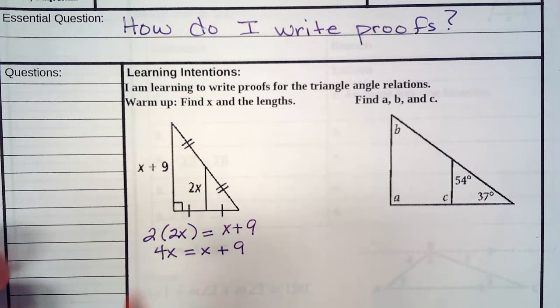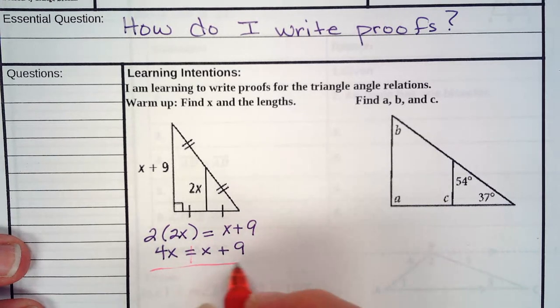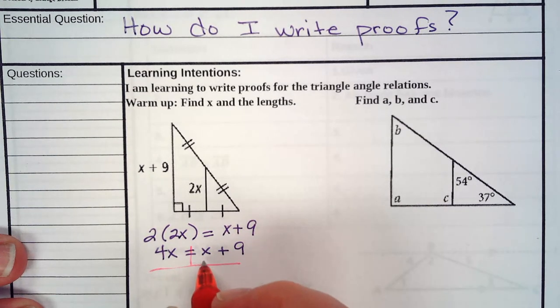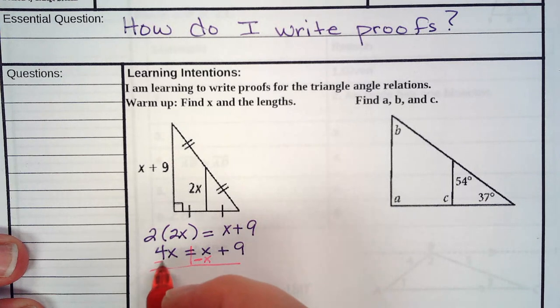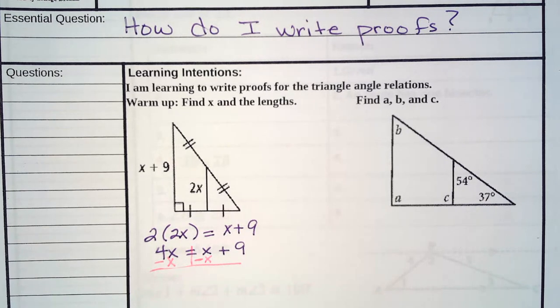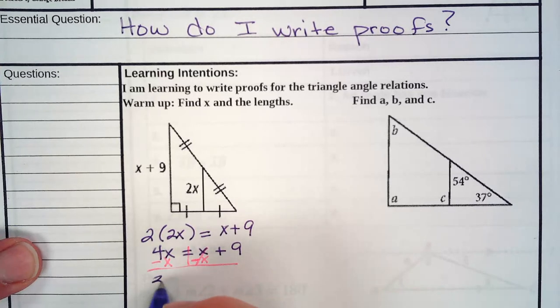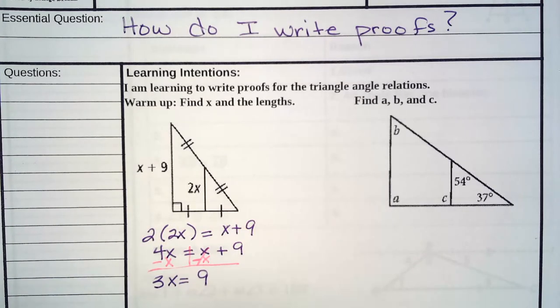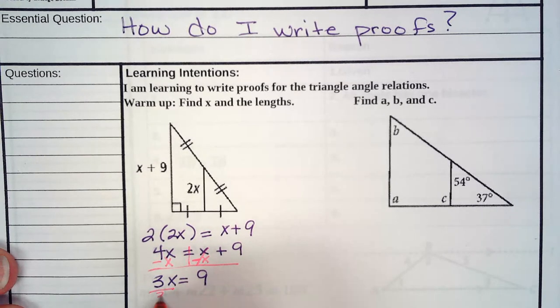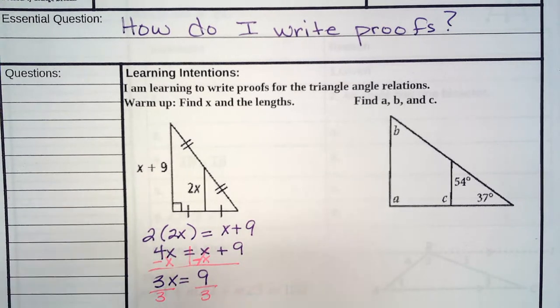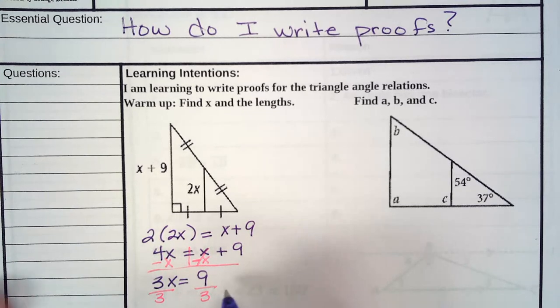I'm going to subtract x from both sides. I've got 3x is equal to 9. Divide by 3, and x is equal to 3.